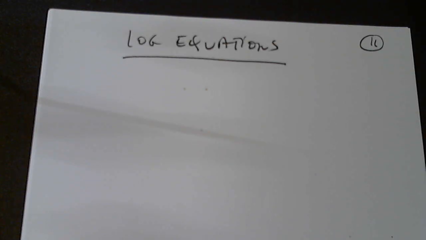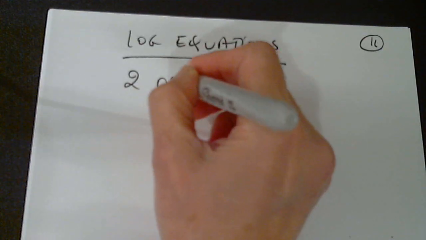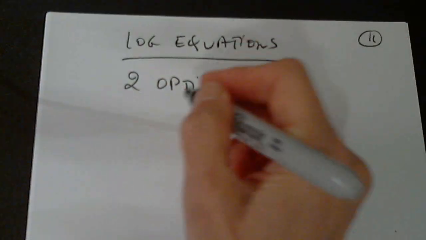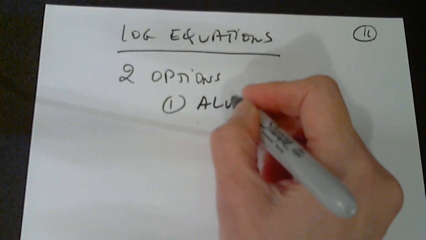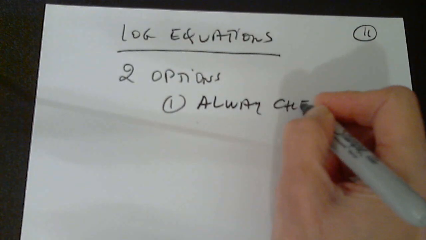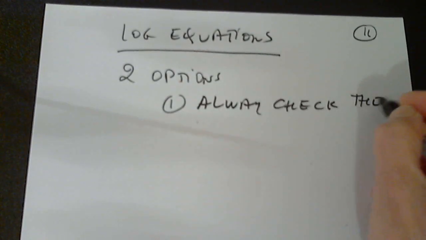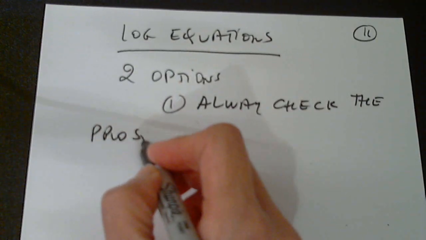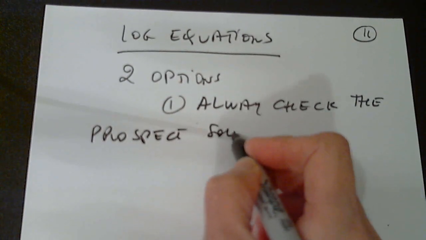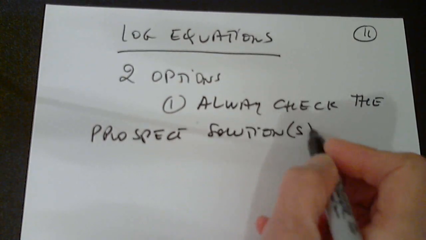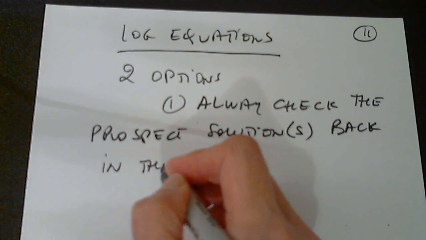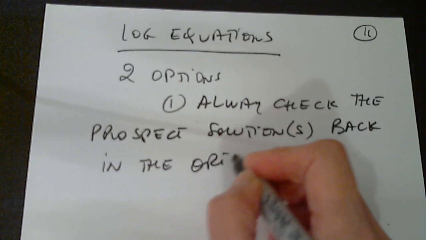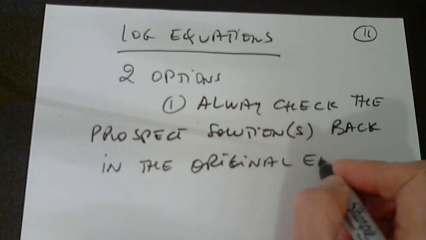There are two things that I have to mention before we choose the first example. Two options. One option, you always check the prospect solution or solutions back in the original equation.